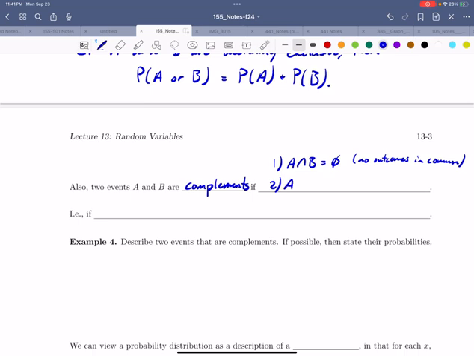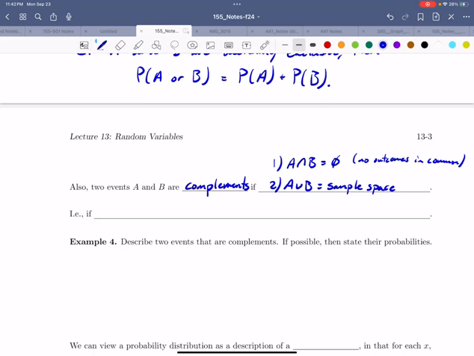And then number 2, their union equals the sample space. As in they complete each other. When their powers combined, they equal the sample space.